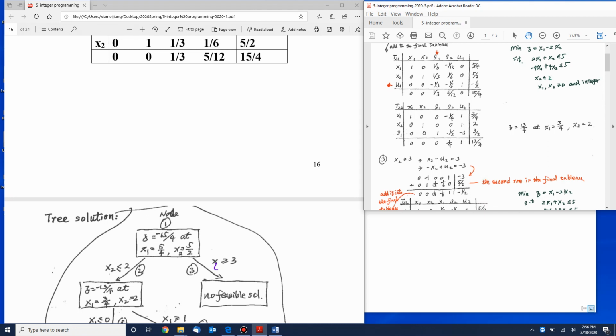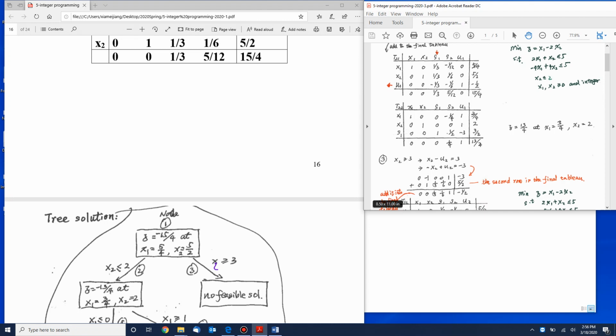We add x2 minus u2 equals 3. We have to keep u2 as the basic variable with coefficient 1. So that turns to minus x2 plus u2 equals minus 3.